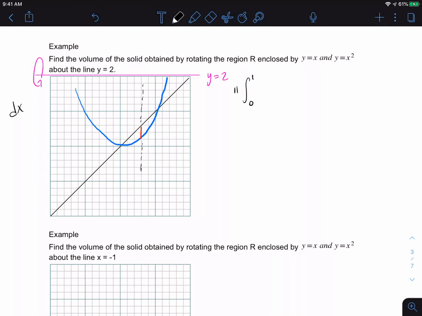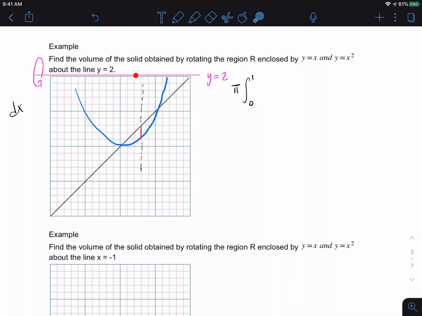So we need pi. I'll always just put it out front. And what is the outer function now, from the axis of rotation? Yes, it is the x squared. So the x squared is actually further away, right?